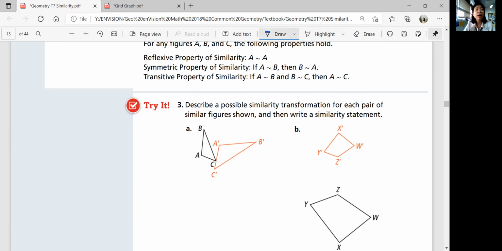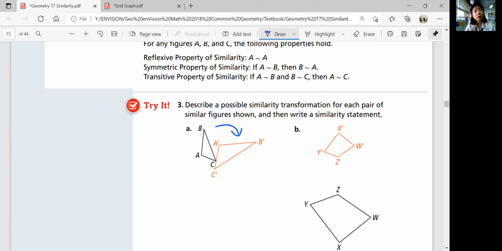Okay, so for A, you might say, look at the orientation. Is it a reflection? Does the orientation change, flip? No, it kind of looks like it rotates, right? It rotates counterclockwise. And then it doesn't look like they're the same size, so you have to dilate. There's a dilation. You might have to translate as well.